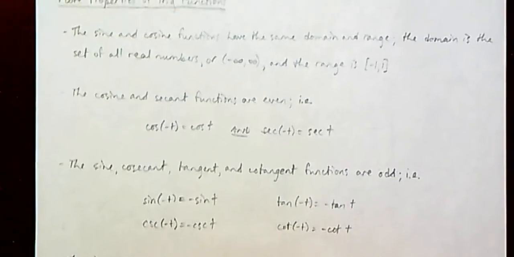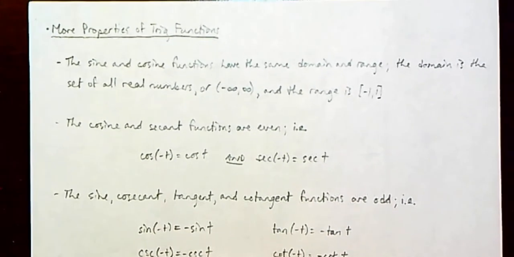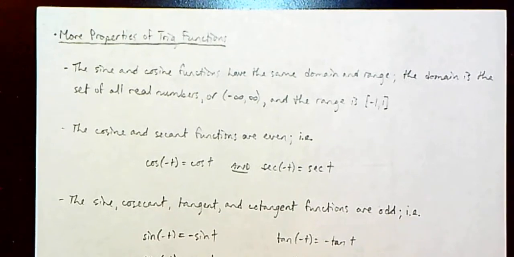Continuing on to properties of these trig functions, starting it off with the domain and the range of sine and cosine. The sine and cosine functions have the same domain and the same range. You can take any real number and plug it into sine and cosine, and you're always going to get out a number between or equal to -1 and +1.